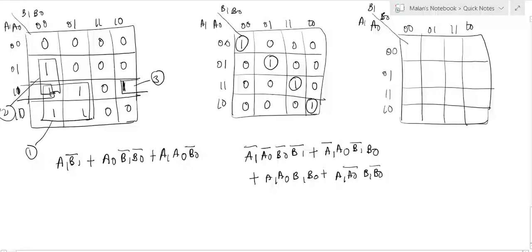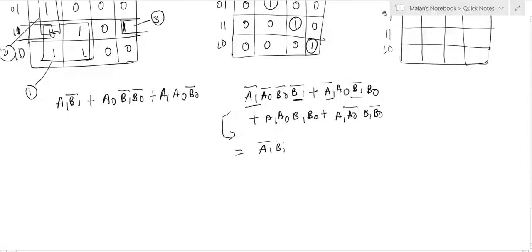Now we can rewrite the expression like this. Now I can take A1 bar and B1 bar as common from the first two terms, and internally in the bracket it will be A0 bar, B0 bar plus A0, B0.